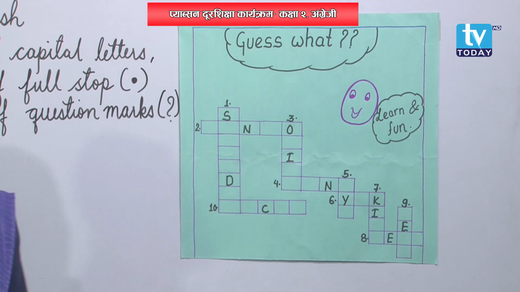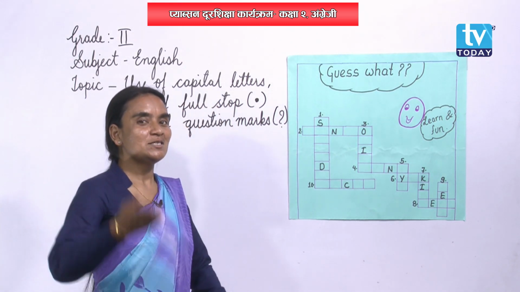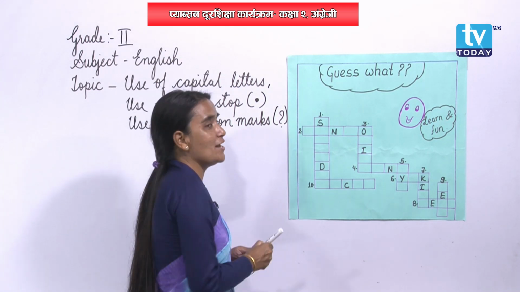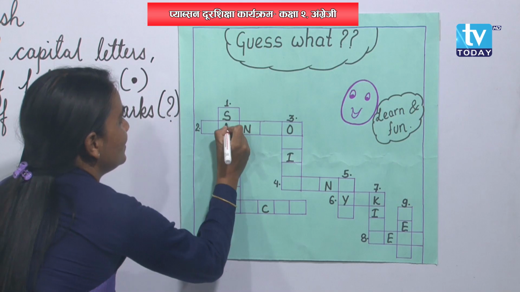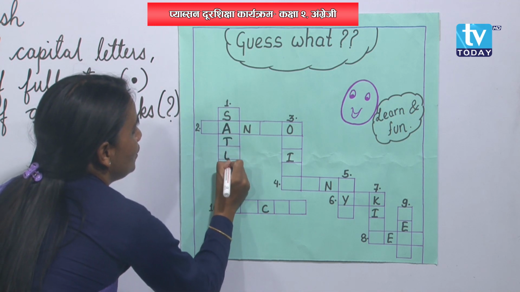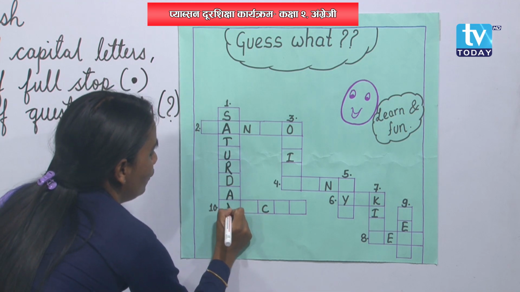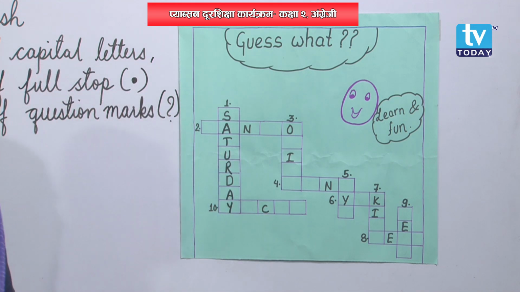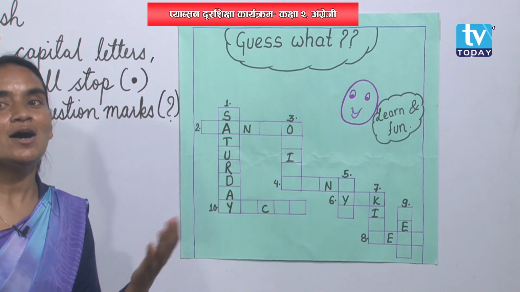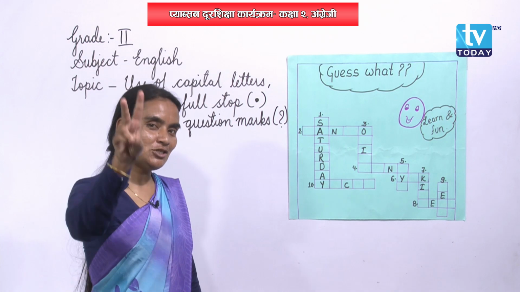Can you guess which day it is? It's also a holiday. Okay, so please speak out loudly the spelling of Saturday. S-A-T-U-R-D-A-Y, Saturday. Saturday is a holiday. Very good children.